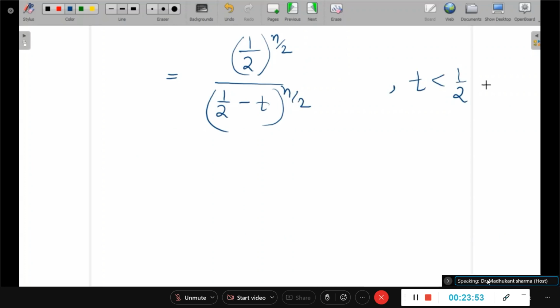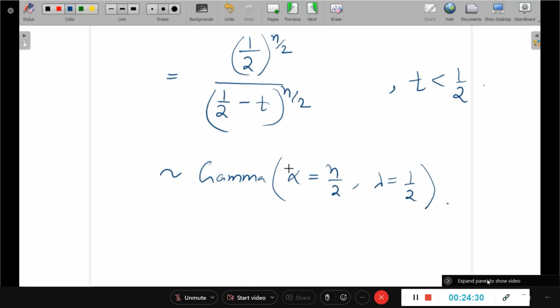This moment generating function stands for which distribution? We have worked so far on different types of distributions. Gamma distribution. Yeah, gamma distribution. Okay, with parameters alpha equal to n by 2 and lambda equal to 1 by 2.